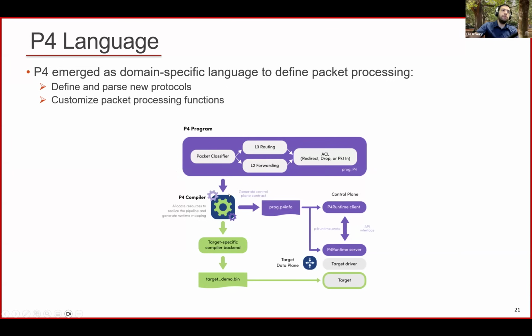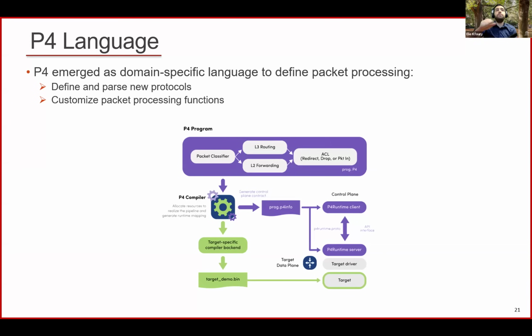Then the P4 program will be fed into a P4 compiler that will generate a target-specific binary file that can be loaded. For example, if you have a switch, you write a P4 program, you pass it to the compiler, which will generate a binary file that you can load into the switch.